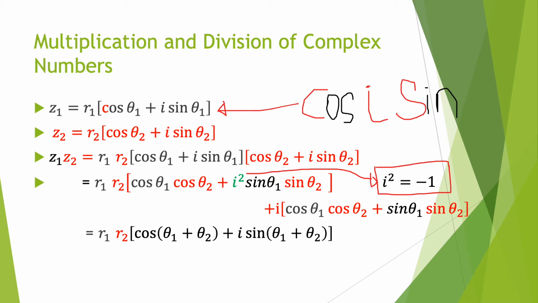So it equals modulus r1 multiplied by modulus r2, then cis theta 1 multiplied by cis theta 2. Then we expand the cis part using the FOIL method. Don't forget i squared equals -1. So finally we have r1 multiplied by r2 multiplied by cis (theta 1 plus theta 2).